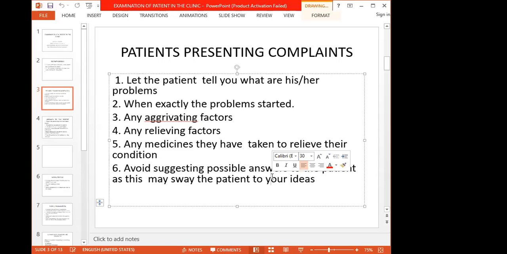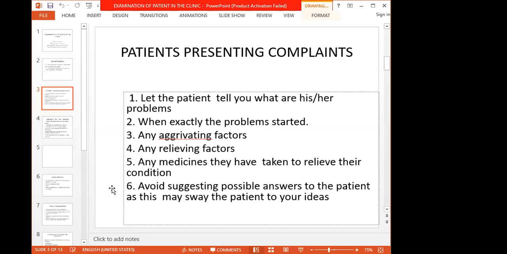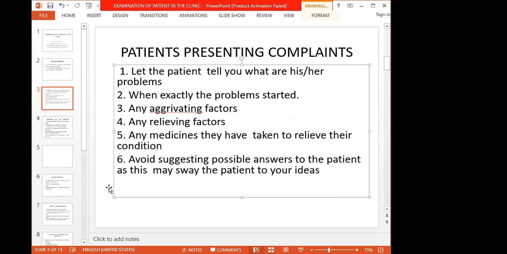It's good for you, but the patient will say yes, when it's not malaria. So whatever you try to suggest, elderly patients tend to go for it. So please avoid suggesting possible answers to the patient. This sways the patient to your ideas, and you can end up missing your diagnosis.